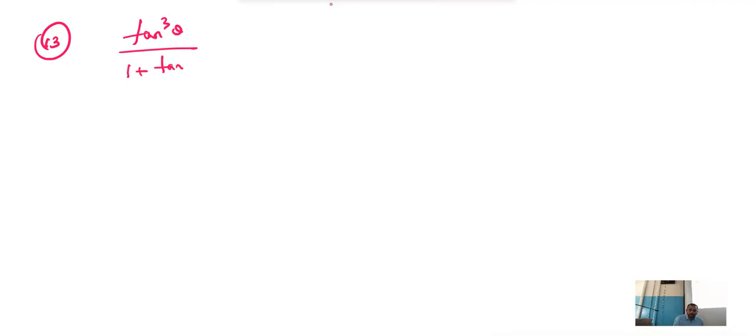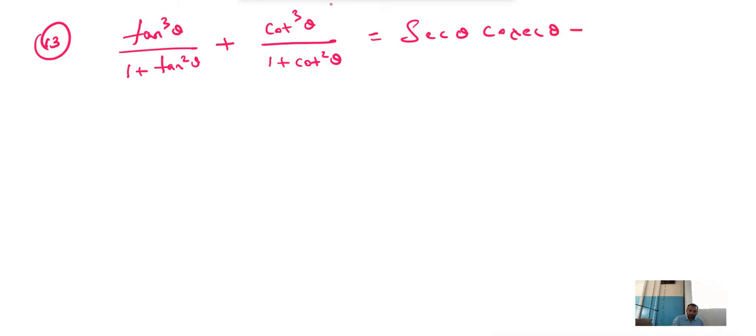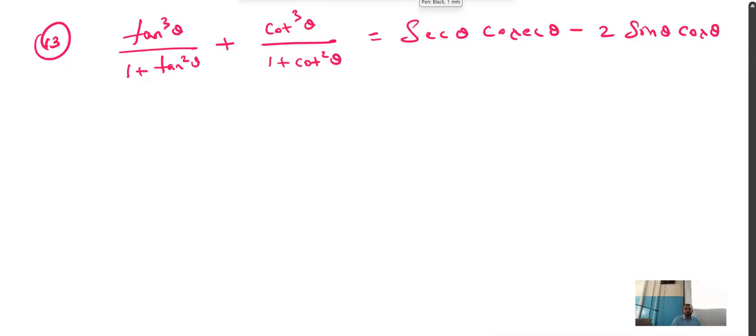Prove that tan cube theta by 1 plus tan square theta plus cot cube theta by 1 plus cot square theta is equal to secant theta into cosecant theta minus 2 sin theta into cos theta. We have to prove this. Very simple, very easy, children.